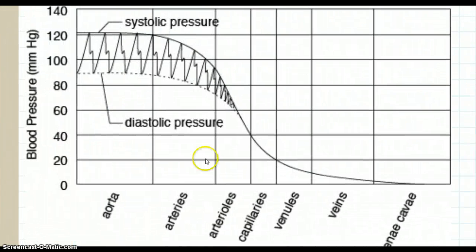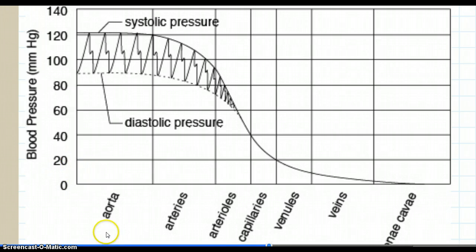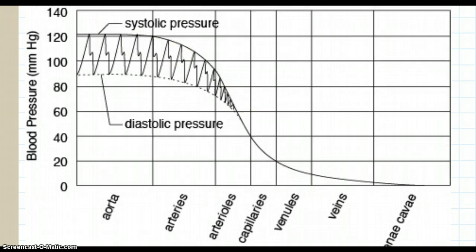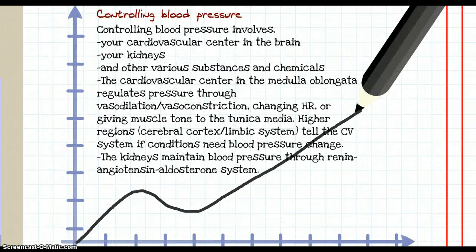Here's a little graph, and it shows pressure depending on the location of your blood. In your arteries and your aorta, your blood pressure is really high, but as it goes through arterioles, capillaries, venules, and veins, it gets lower. And that's what I was trying to say earlier about the pressure gradient.